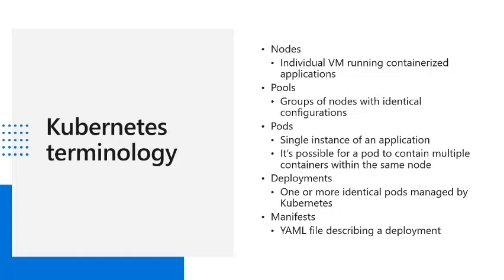These multi-container pods are scheduled together on the same node and allow containers to share related resources. So pods are a single instance of an application. It's possible for a pod to contain multiple containers within the same node.